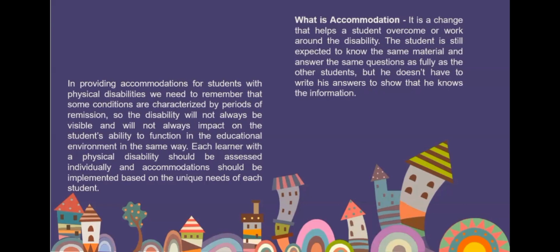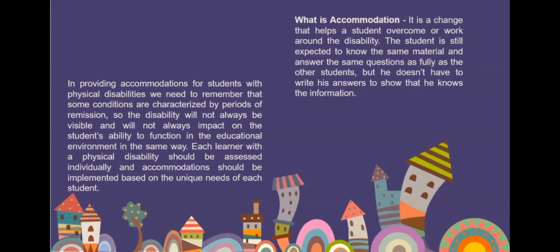Each learner with a physical disability should be assessed individually, and accommodations should be implemented based on the unique needs of students. Each student has a unique process of accommodation in order to be more comfortable in our school environment.